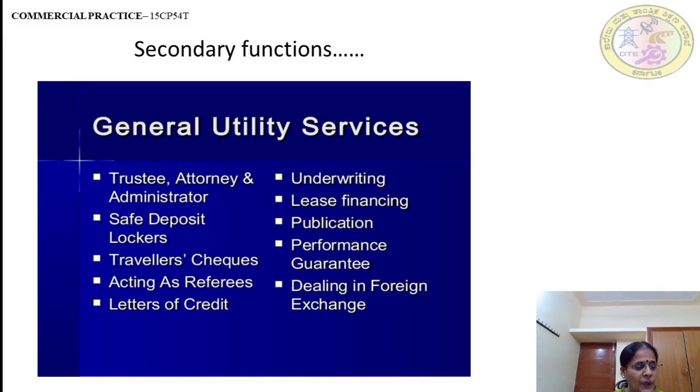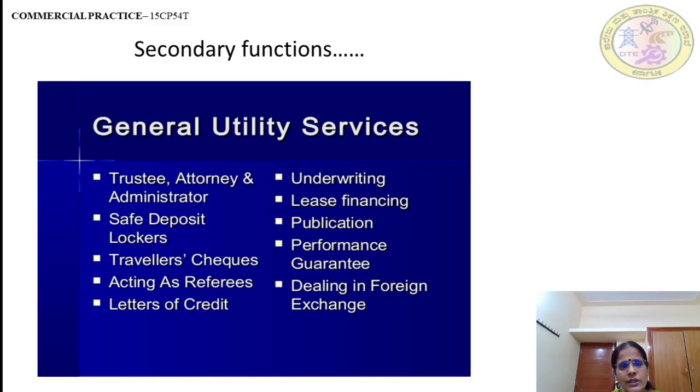As an executor, he first has to wind up the property of the deceased in accordance with the instructions in the will. As an administrator, the banker should distribute the property of the deceased in accordance with the directions laid down in the letter of administration as set by the court.